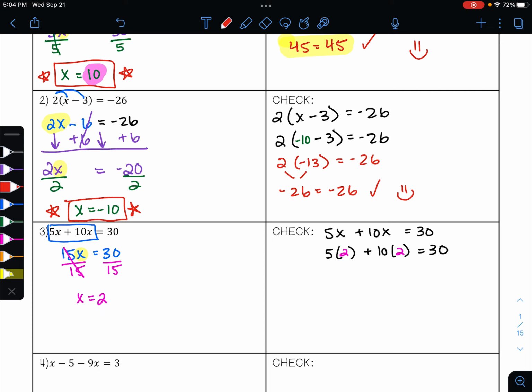So let's check our work. 5 times 2 is 10. 10 times 2 is 20. 10 plus 20 is 30. Does 30 equal 30? Yes. So we know that we have solved for x. X equals 2 is the answer.